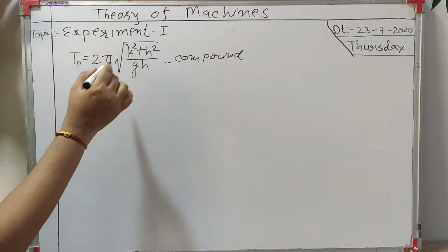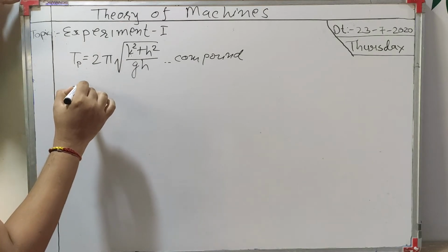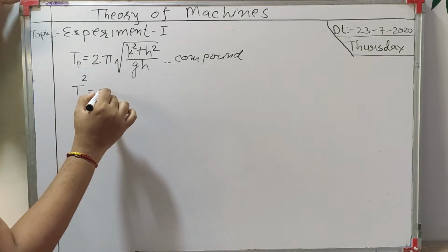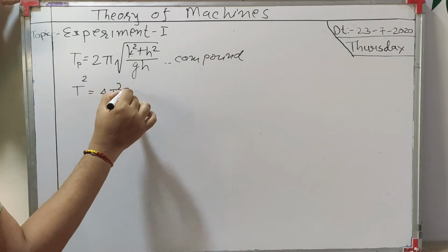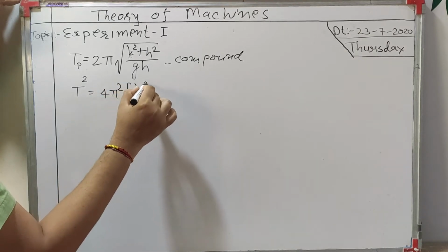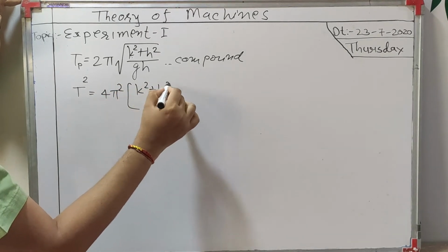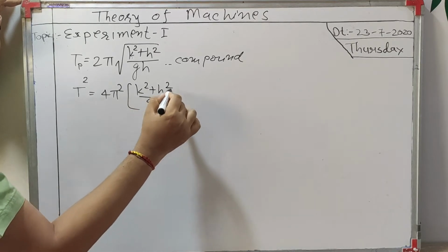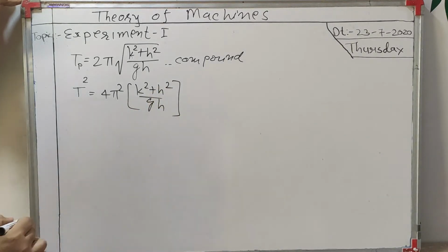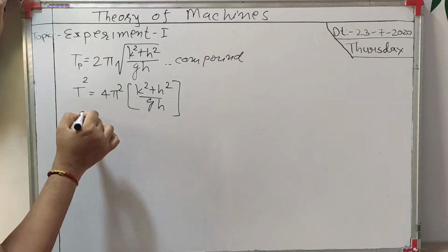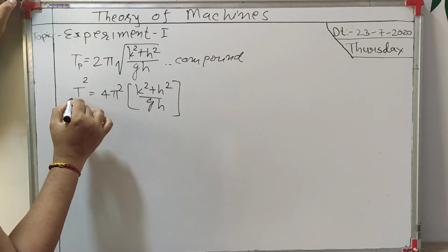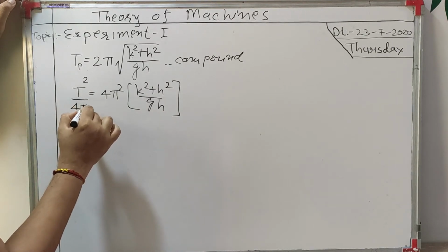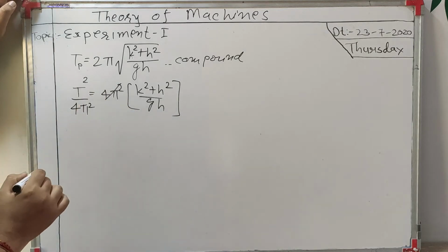So let us square this equation on both sides. T square is equal to 4 pi square, and here the square root will be removed, times (k square plus h square) divided by gh. Now let us put this 4 pi square on this side, so this will be (T by 2 pi) whole square.